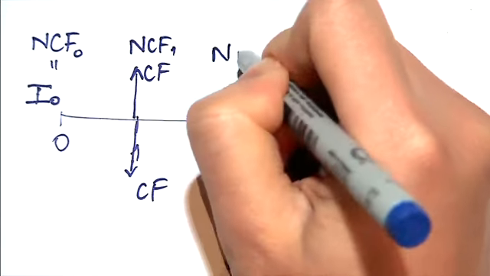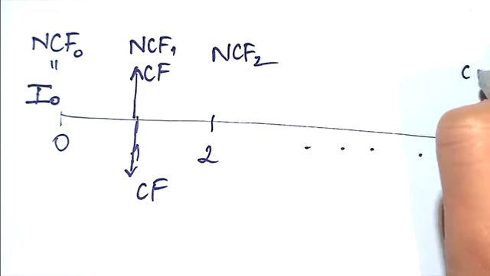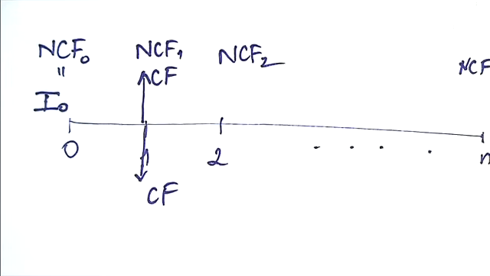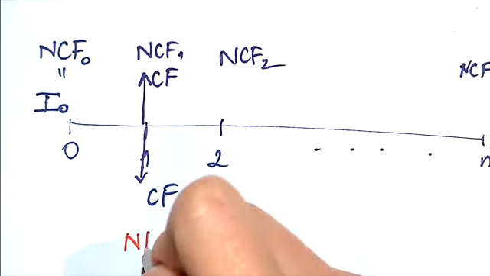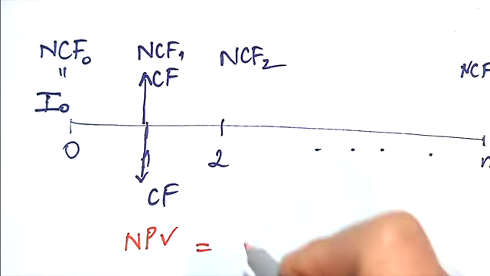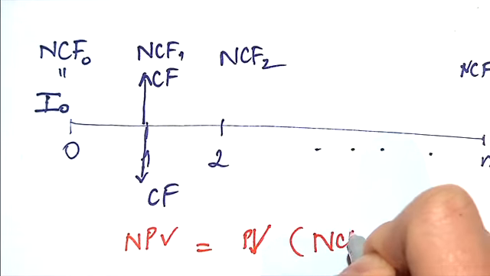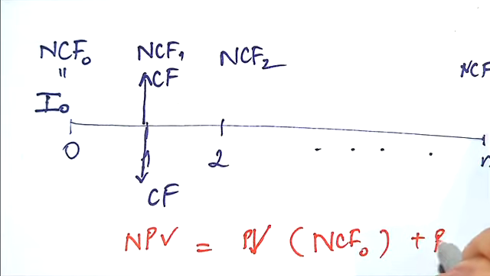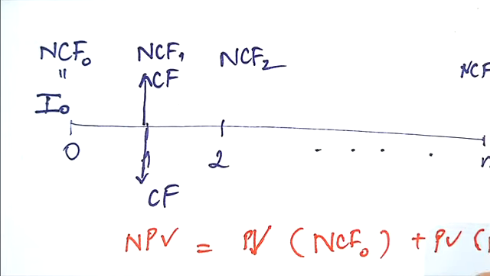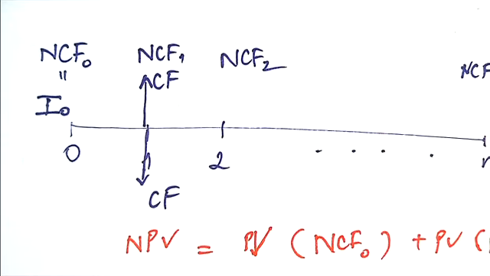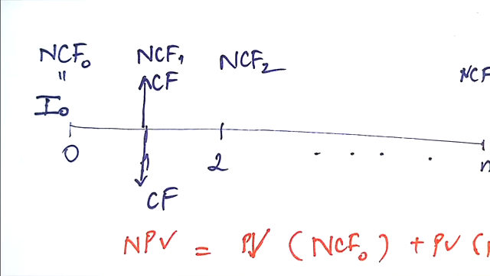And then you have net cash flow at time 2 up to net cash flow at time N. So what would be the net present value? If you can't see it, let me know. The net present value would be the present value of net cash flow 0 plus the present value of net cash flow 1 up to the present value of net cash flow N.